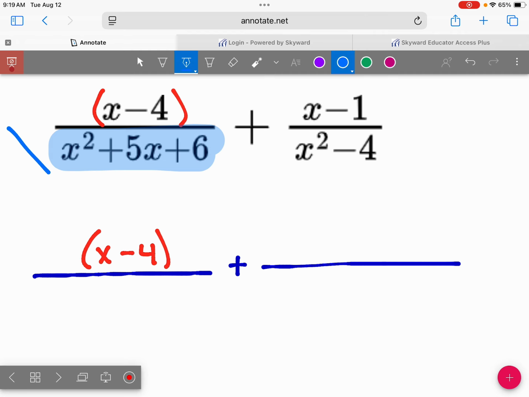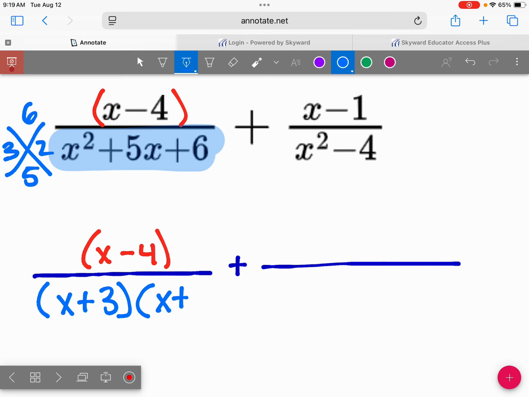So again, we can think about our factoring. Pair of numbers multiplies to make 6, adds to make 5. What pair of numbers multiplies to make 6 and adds to make 5? 3 and 2. So we're going to have x plus 3 and x plus 2.